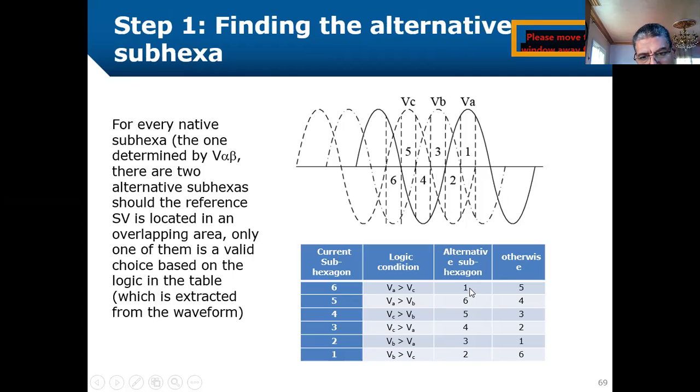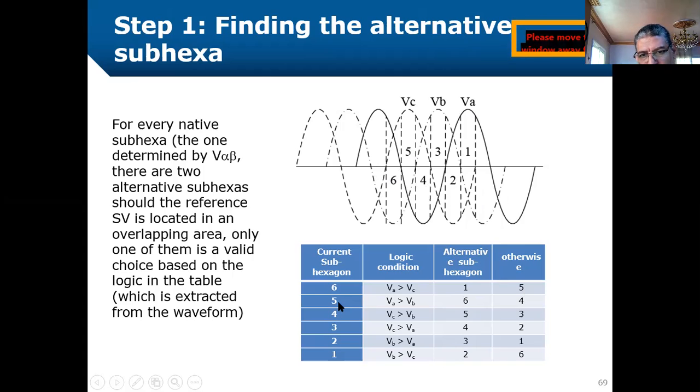Otherwise, it will be 5, because 6 is surrounded by 5 to the right and 1 to the left. So which one of them is the alternative? It depends on the polarity of VA with respect to VC.